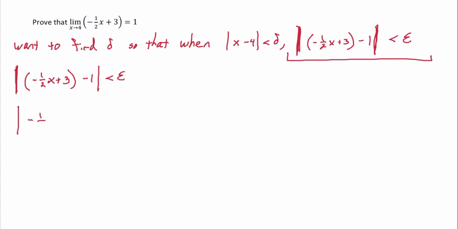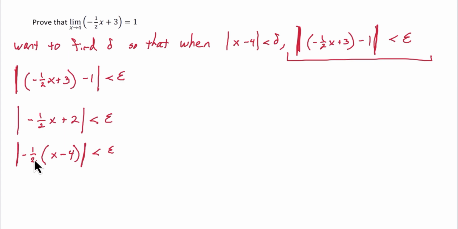We have negative 1/2 x plus 2 less than epsilon. And remember, our goal here is to make the stuff inside the absolute value bars look something like this, x minus 4. So to do that, we're going to factor out a negative 1/2. So we'll get x minus 4, close the abs value, and less than epsilon.